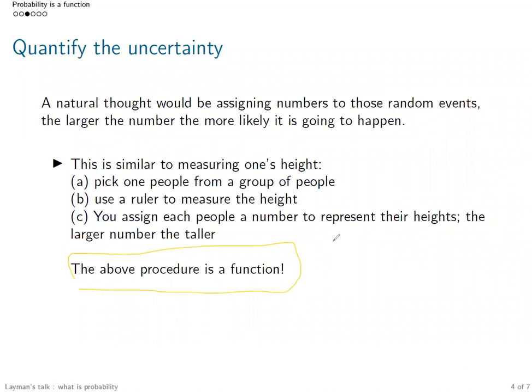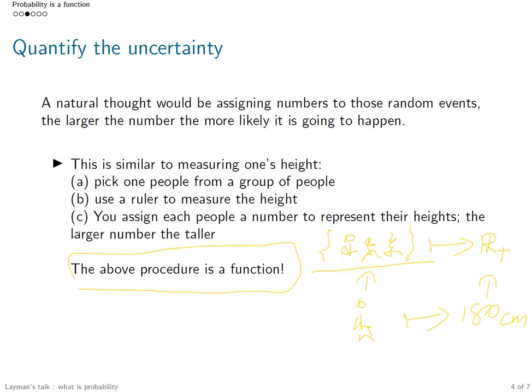So you have a group of people. You map those people essentially to real numbers, right? You pick one element from this set, a group of people. You use the ruler to assign a number to this person. For example, 180 centimeters, which belongs to the set of real numbers.